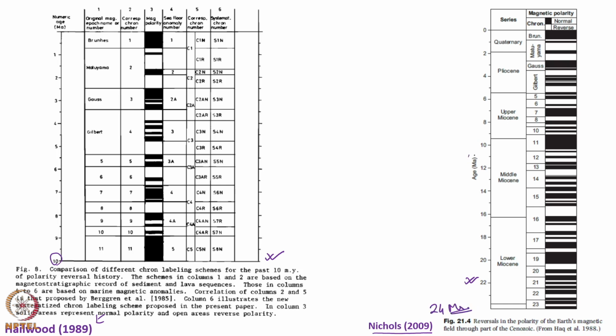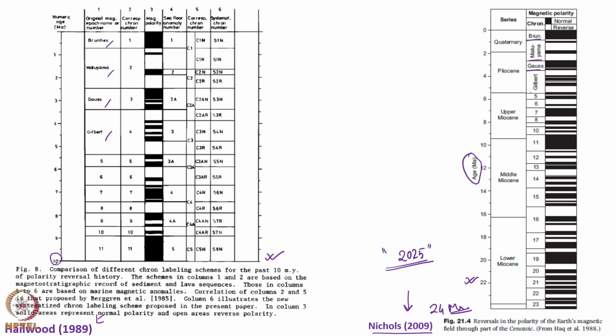If we have to choose one, we should always go for the latest publication. So if you find any publication of 2025 in an authentic journal on the geomagnetic polarity time scale, we can go for that.